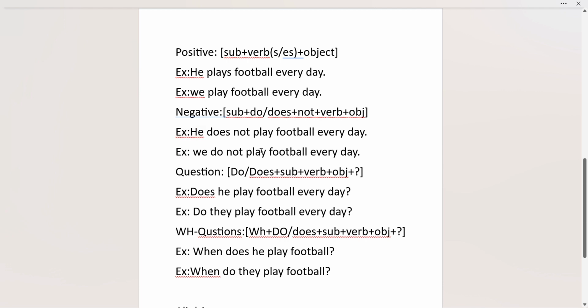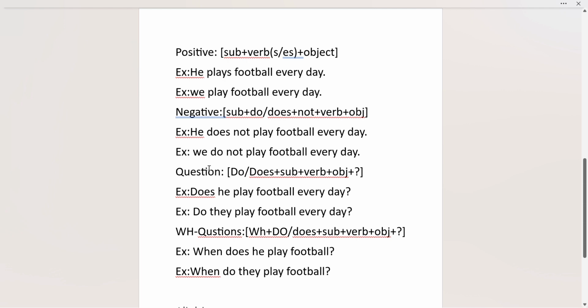So we have an example here: he does not play football every day. When we change the sentence from positive to negative, we just remove the s from the verb, and we add does. When it is the third person singular, we add does here, and we add not plus verb plus object.